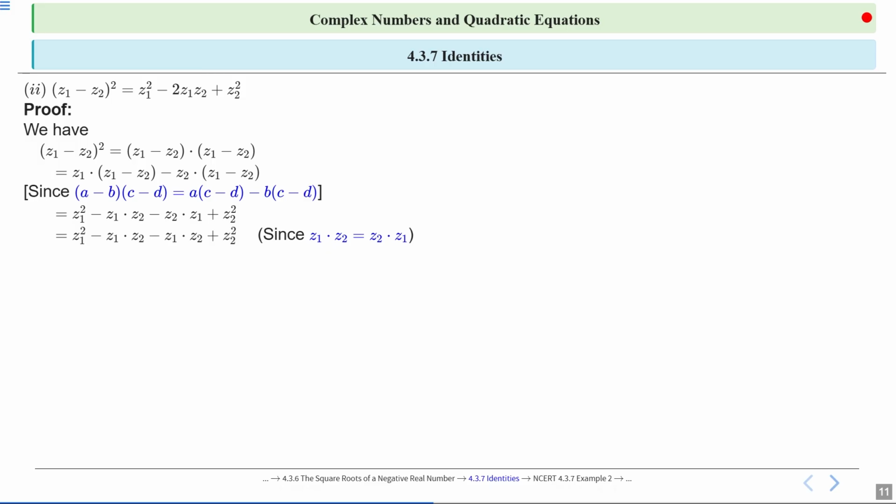So we can write it as z1 square minus z1 times z2 minus z1 times z2 plus z2 square. And finally we combine the like terms and we get z1 square minus 2 times z1 times z2 plus z2 square. Therefore z1 minus z2 whole square equals z1 square minus 2 times z1 times z2 plus z2 square.